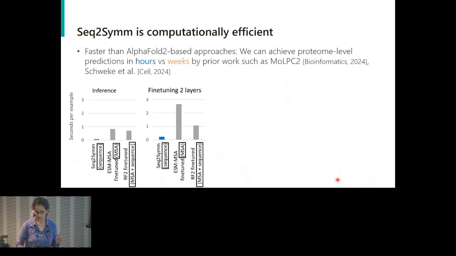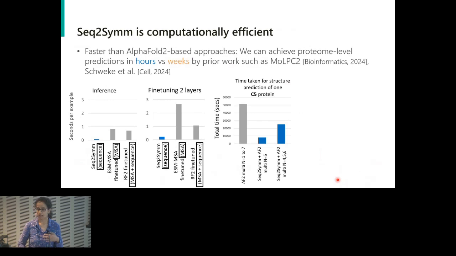And since we are avoiding that, we see substantial gains between 2 to 5 times, even for end-to-end structure generation. So we can achieve proteome level predictions in hours as compared to weeks or months by prior work such as mol PC2 and this work by Shweke et al.